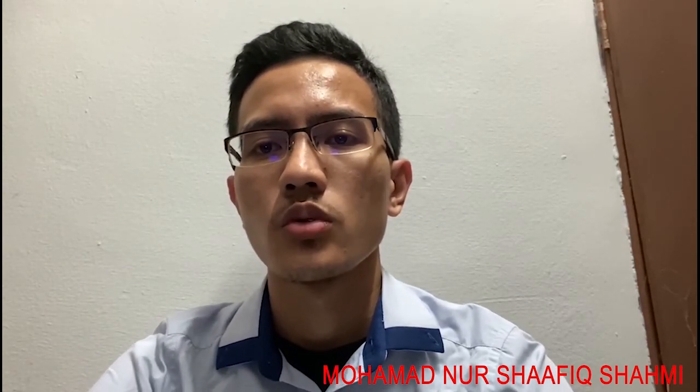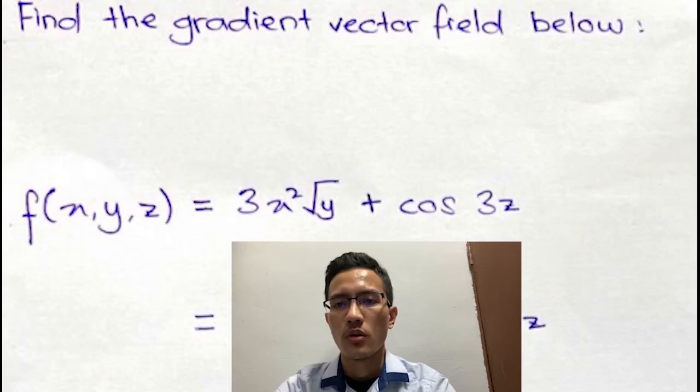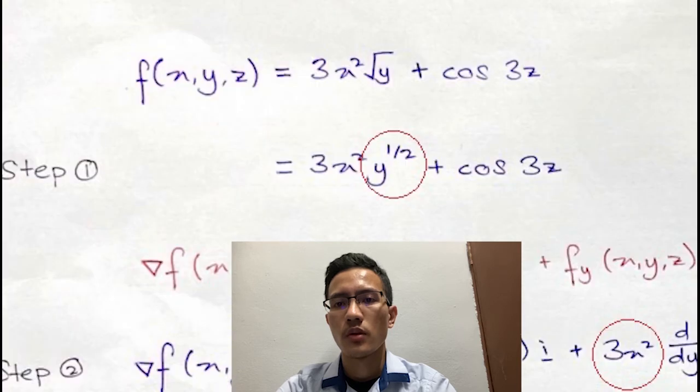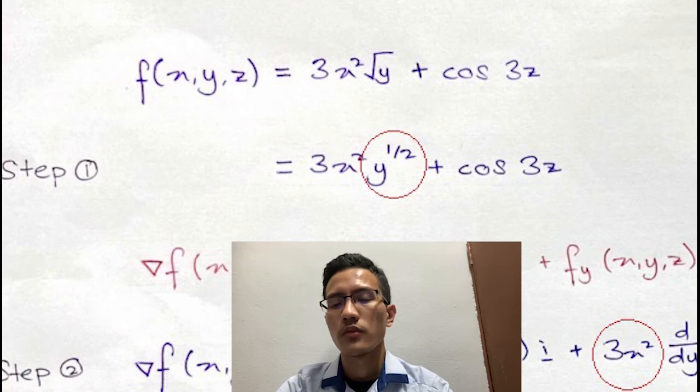Today I'm going to show the example question of the gradient vector field. As shown, the question is the function f(x, y, z) equal to 3x squared square root of y plus cos 3z. In step 1, I change the square root of y to y to the power of 1 over 2 to make it easy when we differentiate it.